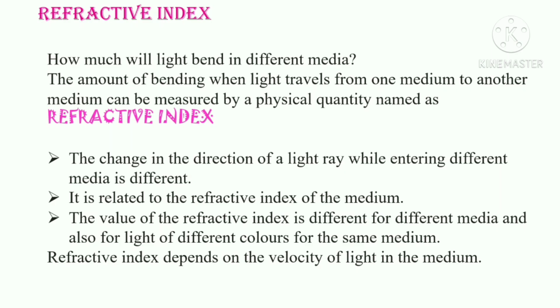The change in the direction of a light ray while entering different media is different. It is related to the refractive index of the media. The value of the refractive index is different for different media and also for light of different colors for the same media. Refractive index depends upon the velocity of light in the medium.